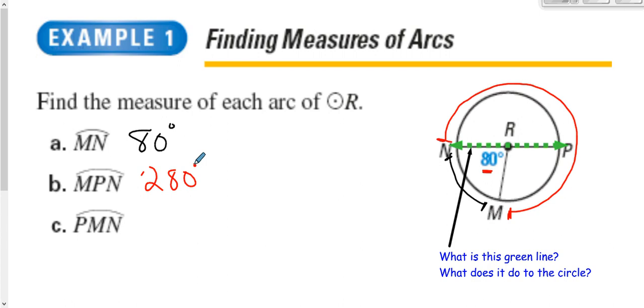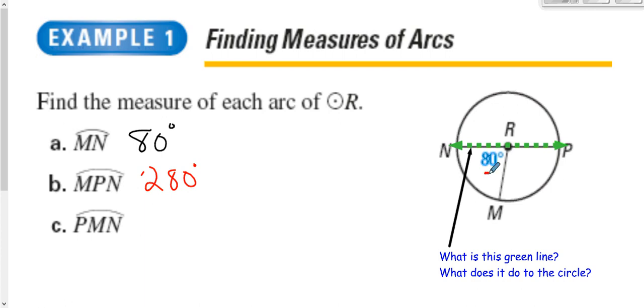And last but not least, we see arc PMN here. One of the things that I put in here, a little question, is what is this green line? Well, the green line is the diameter, and that's something you want to look for in one of these problems, just to help yourself out. And what does it do to the circle? It splits it into a semicircle, into 2 halves.